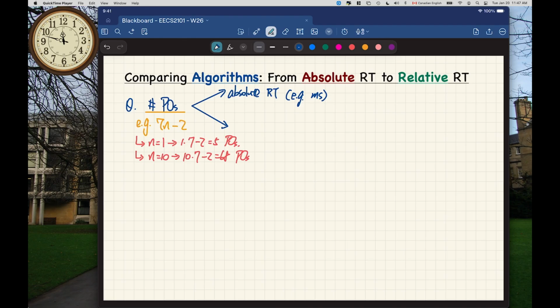Milliseconds should be good enough, you get the idea. Or we can simply do relative running time, in this case without considering t. I'll explain what t is.